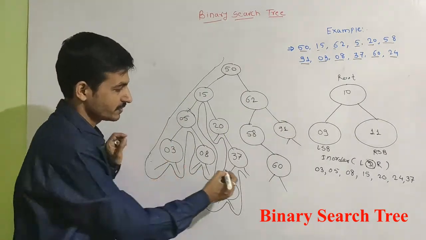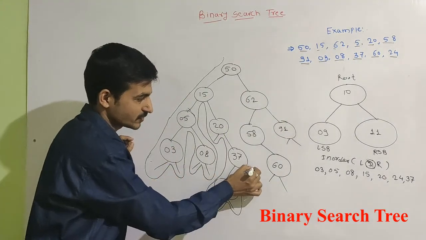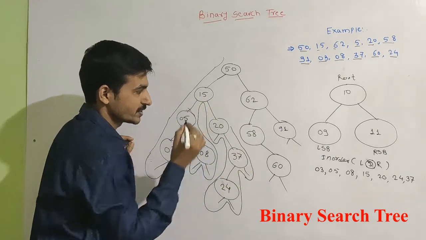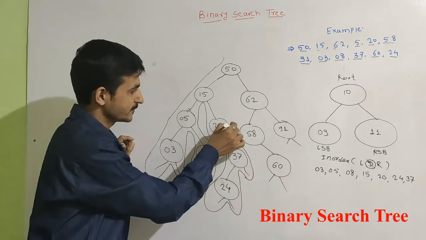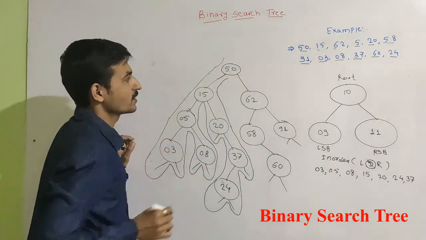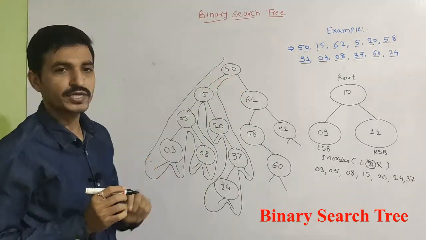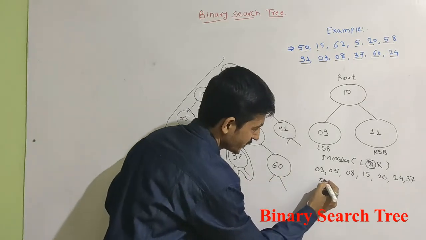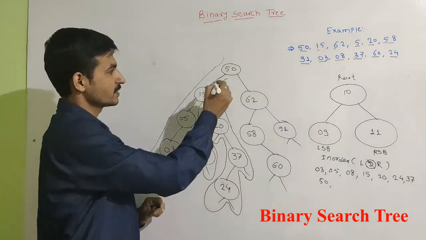Then 37 is the third time, 20 is the third time, 15 is the third time. 50 is the third time, so now it is coming back, and 50 is now the second time. So we will write it in the in-order sequence.